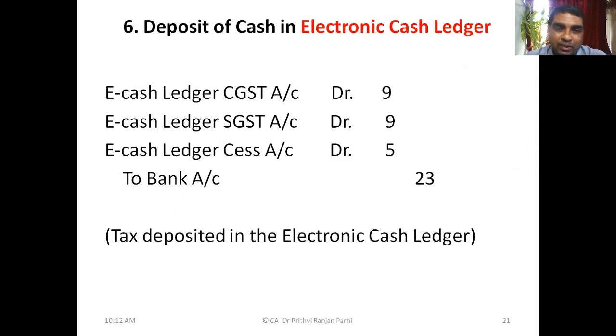So you can open different kinds of electronic cash ledgers in your books of account: electronic cash ledger CGST account, electronic cash ledger SGST account, electronic cash ledger cess account, this one to bank. Tax deposited in electronic cash ledger.